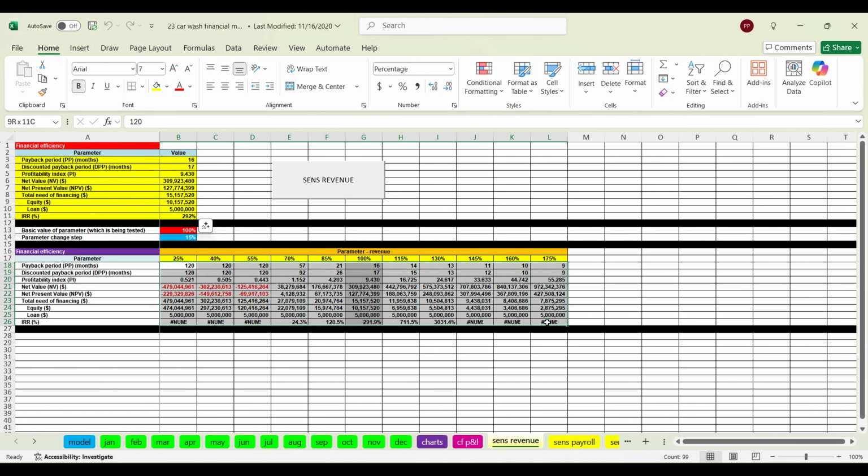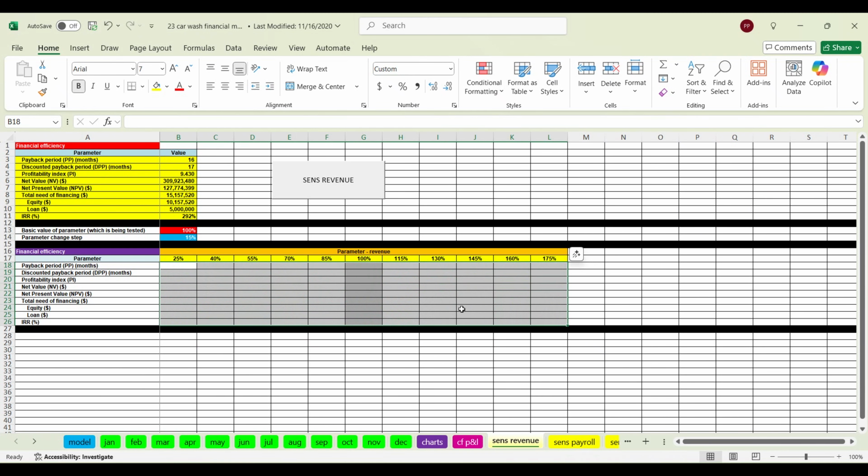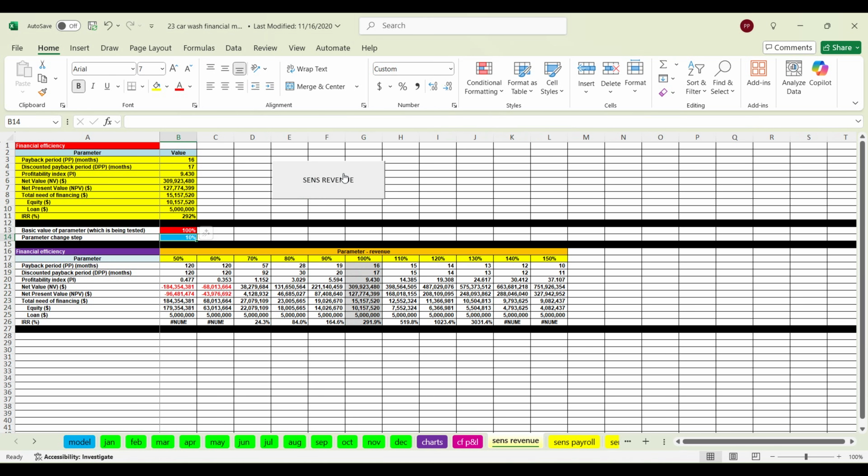Then we can, for example, delete these numbers, set up a 10% step, press the sensitivity button again, and the sensitivity analysis will be recalculating the model. So you will be able to see how stable your current scenario is. Once your model is ready, entrepreneurs always play with sensitivity analysis a lot.